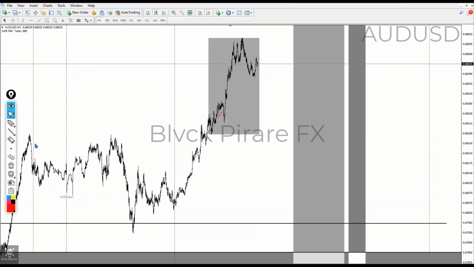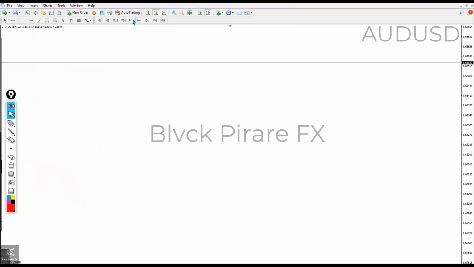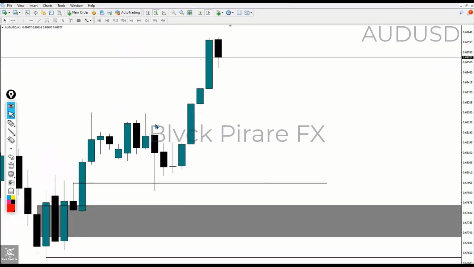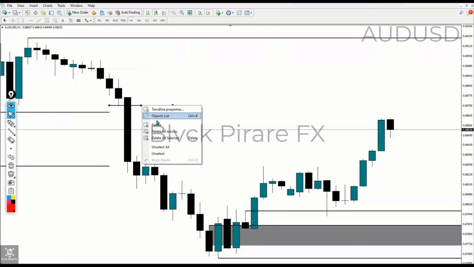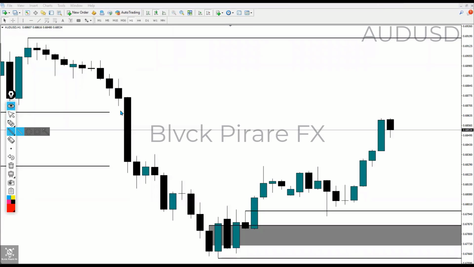The reason why I'm giving an update on this trade is, let's get back to the H1 time frame. Looking at the H1 time frame, remember I had marked these out in here. We have a pretty clear fair value gap, and they have traded into it.